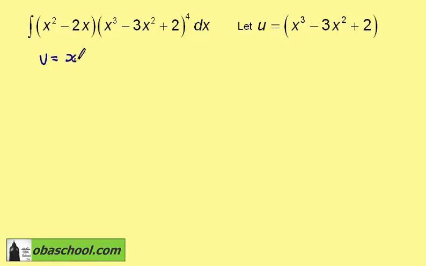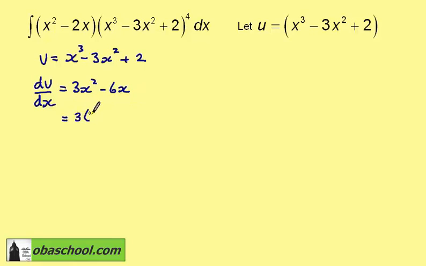So if u is x cubed minus 3x squared plus 2, then du dx is equal to 3x squared take away 6x. We have a common factor of 3, so this is 3 times (x squared minus 2x).